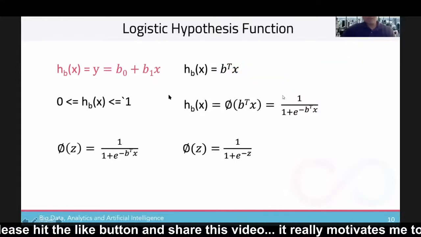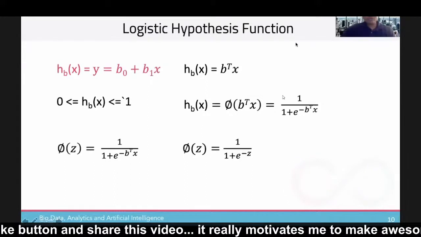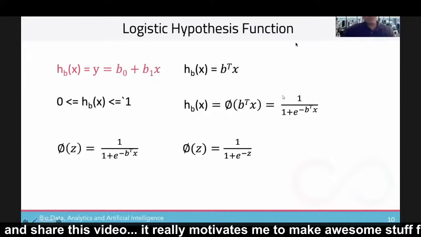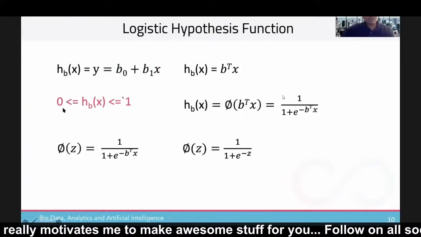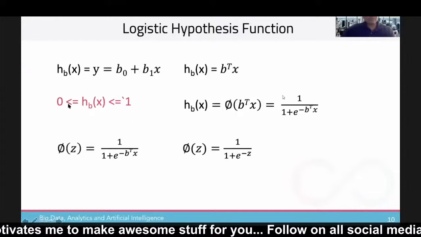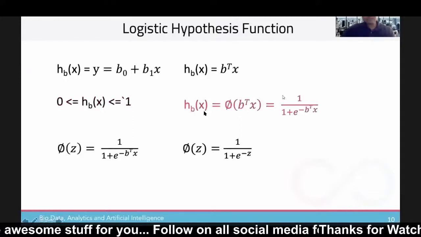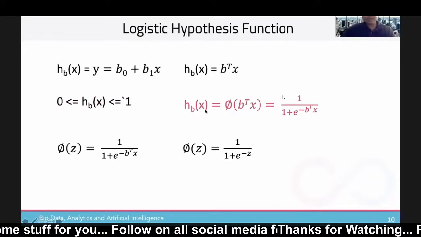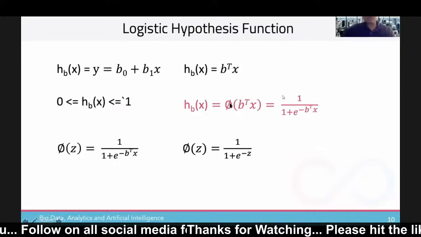Now, once you have this form, b transpose x, this hypothesis function, we are going to make a canonical variable which is squeezed between 0 and 1. We have this hypothesis function of x, and we transform it into another function, which is the logistic function.